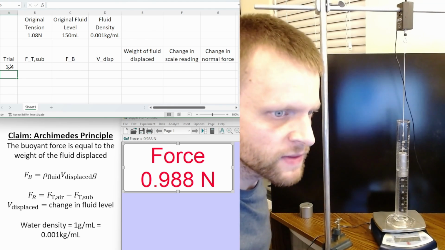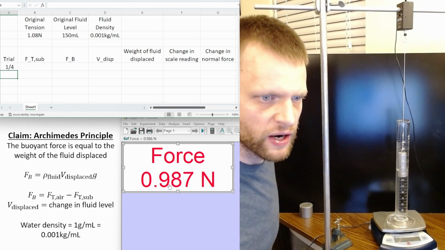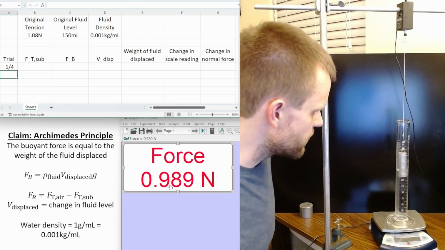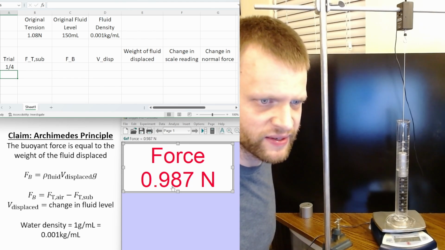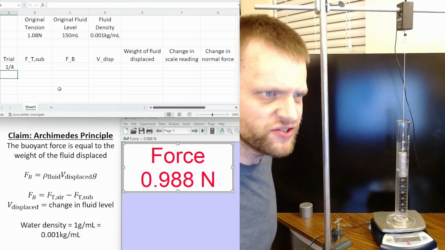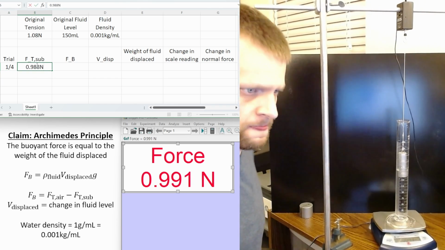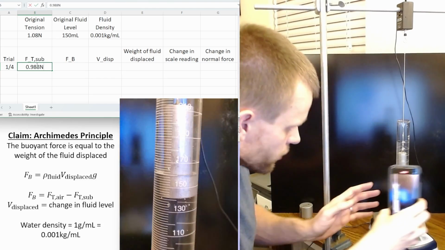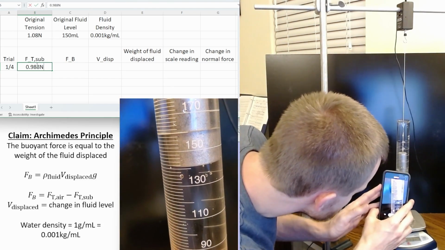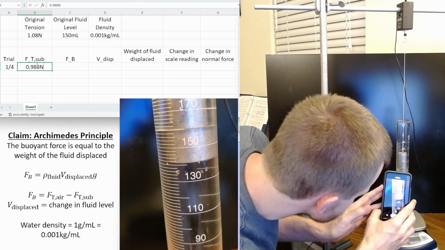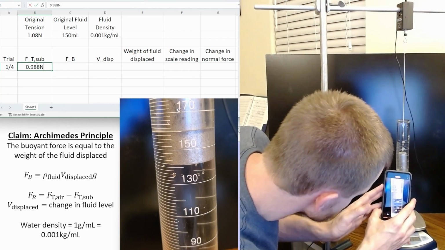Okay. So let's see what we're getting in terms of readings. Our force sensor, again, it jumps around a little bit, but not too much. Our force sensor seems to be around 0.988 newtons. Our water level, if we look at that one closely, looks really close to 160 milliliters.